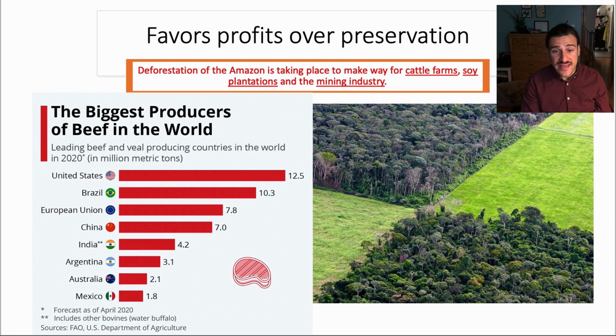So Brazil is actually the second largest producer of beef. When farmers come in and buy land, their cattle cannot live in the Amazon rainforest, right? So they have to clear that land to make room for actual space for cattle.